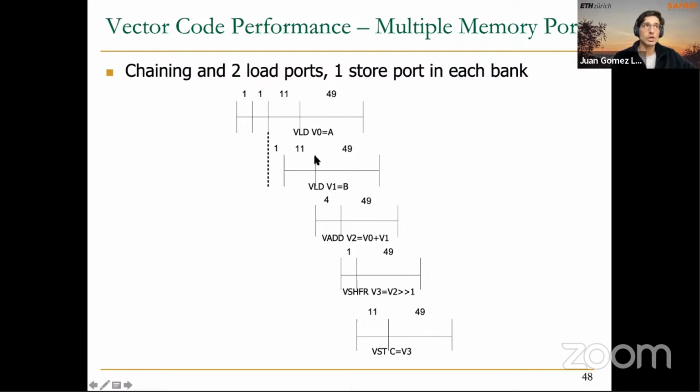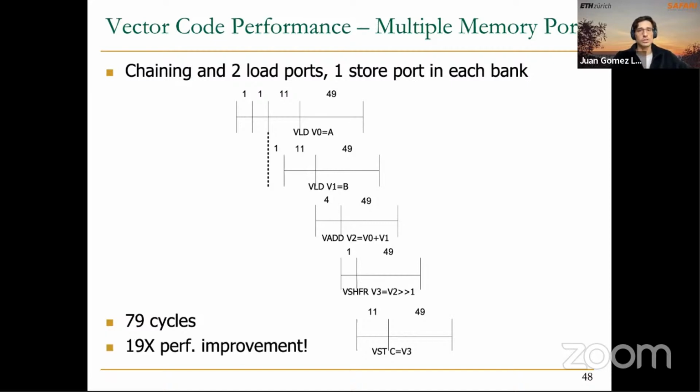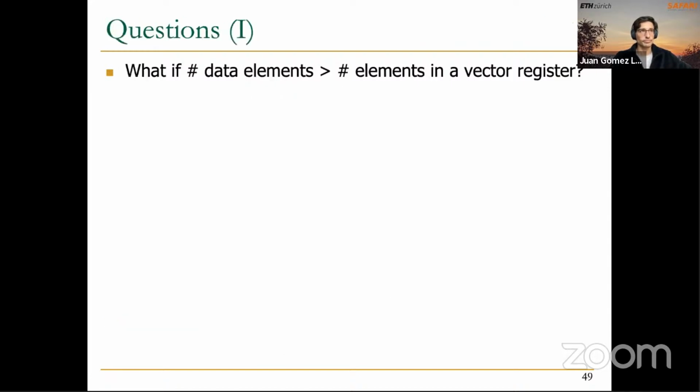And this way we will also have the first 2 operands, A0 and B0, in the corresponding vector registers much earlier, and we can start the execution of the addition and later operations much earlier. So in total, now you can compare it, 79 cycles, so it's like 19 times faster than the original implementation.